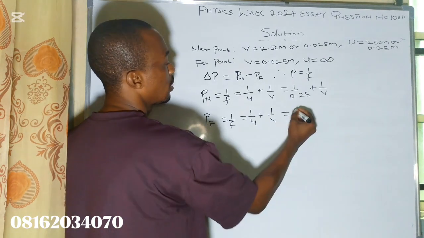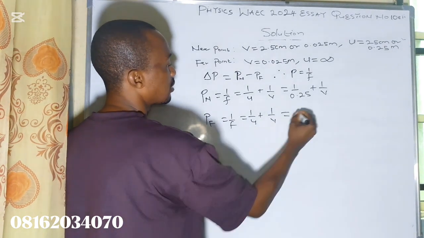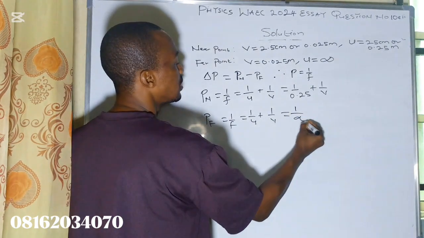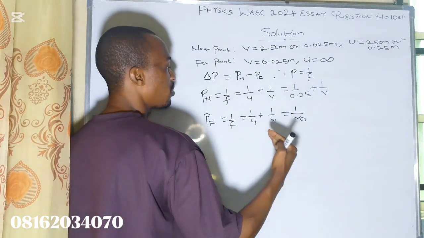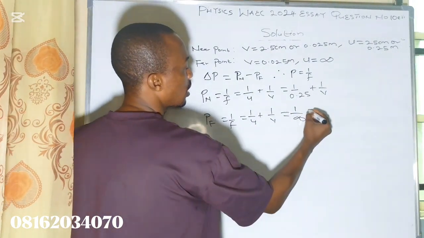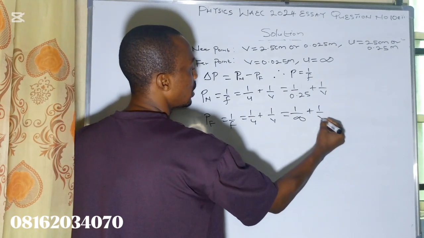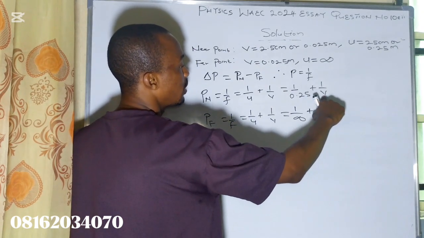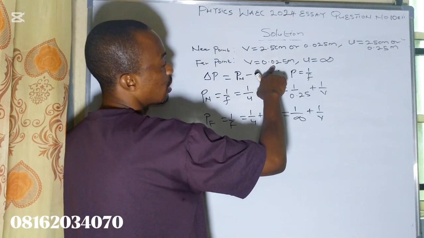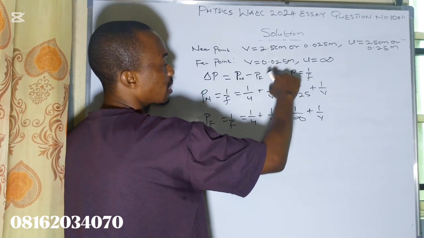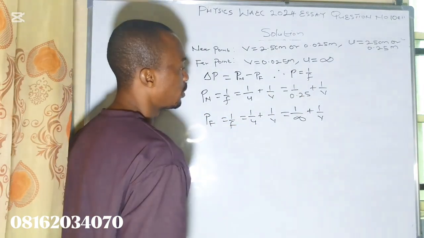For the far point, the farthest distance of the normal human eye will be infinity. So this will be 1 over infinity plus 1 over v. Now we know that the value of v is the same in both cases, so there will be no need of plugging in a value for v.